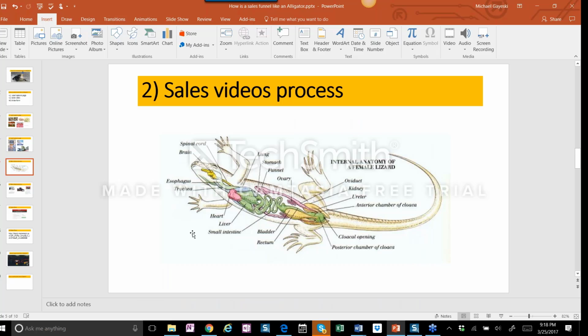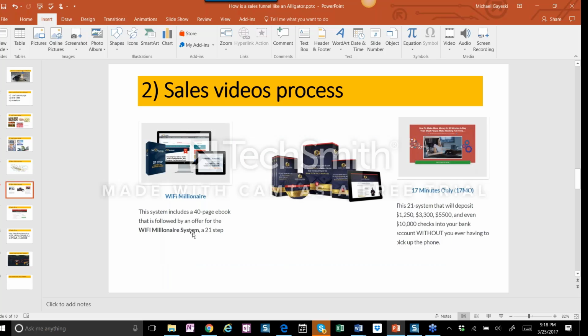The next thing is how the alligator processes that food through its internal systems. In the sales video process, you're introducing different slides and different presentations that could be audio, video, or both, where you're able to identify those people that are much more interested in what you have to offer.